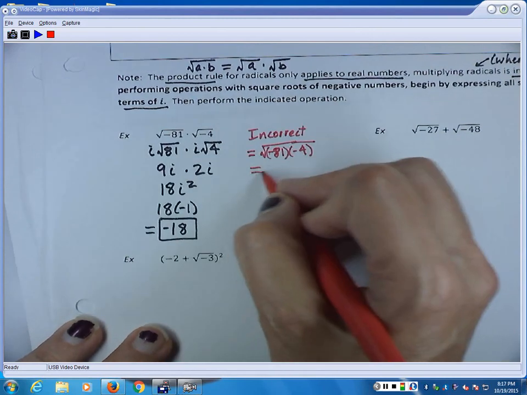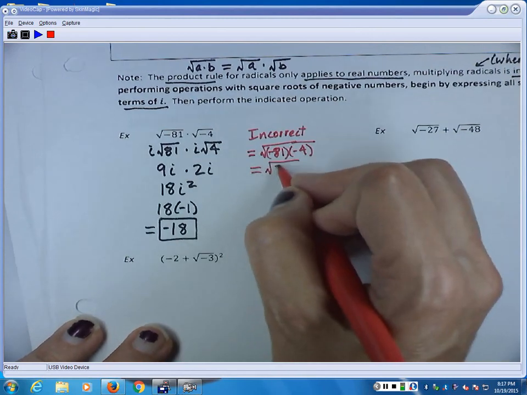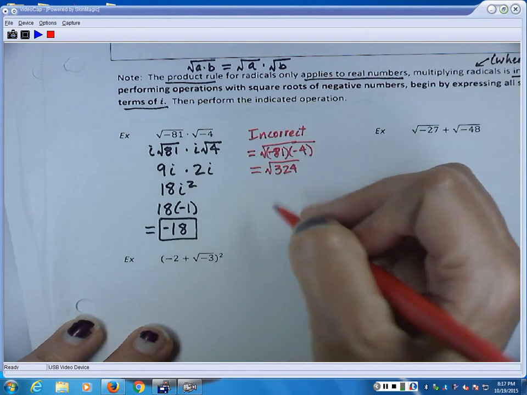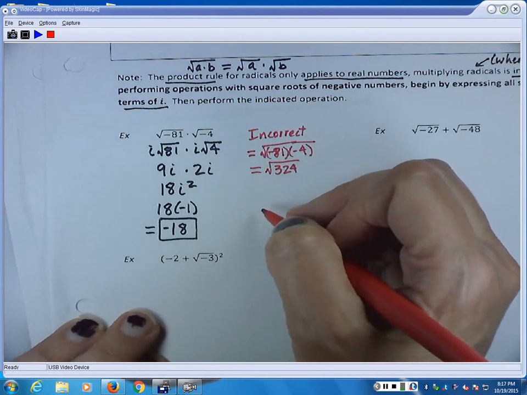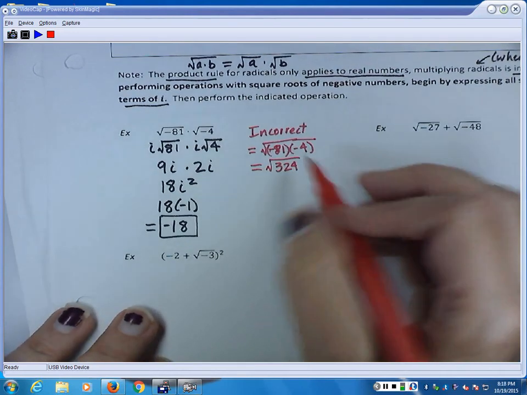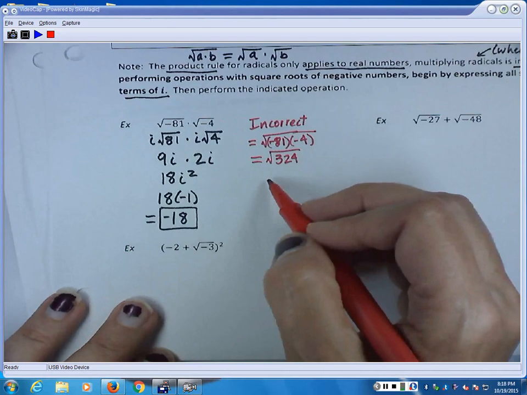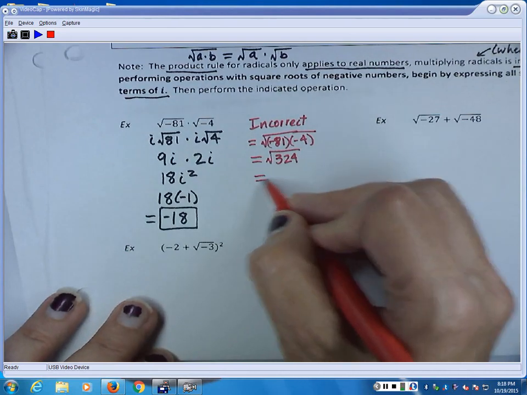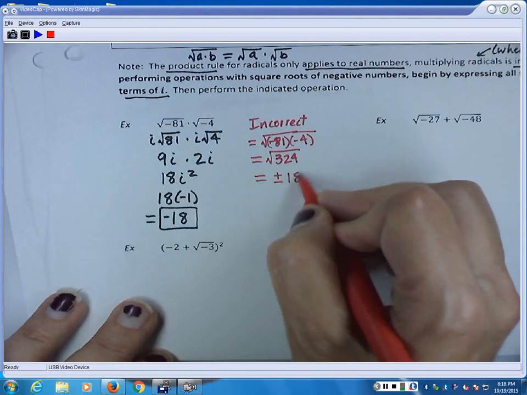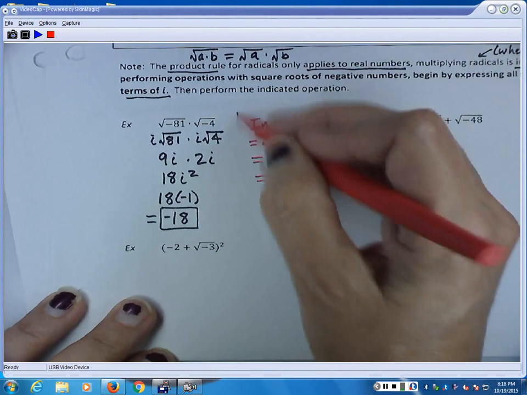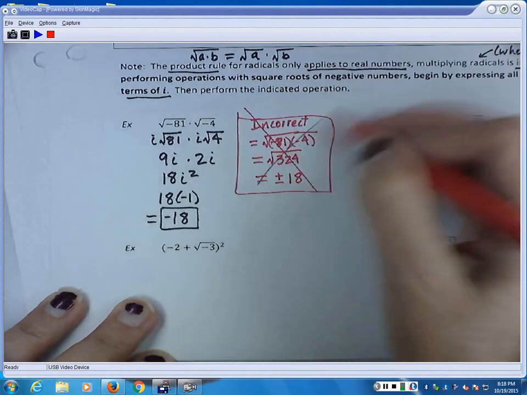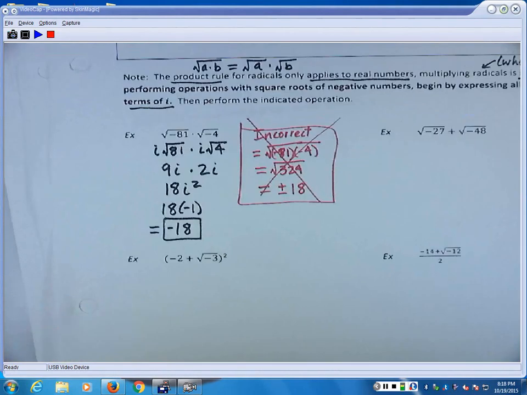And then you get the square root of 324. The two negative signs cancel out, and then you get plus or minus 18. See the difference? This is incorrect because when we take the square root of a positive number, you have to have plus or minus.